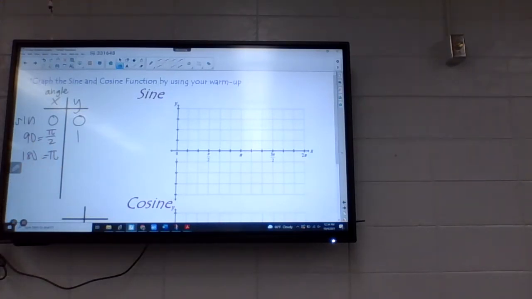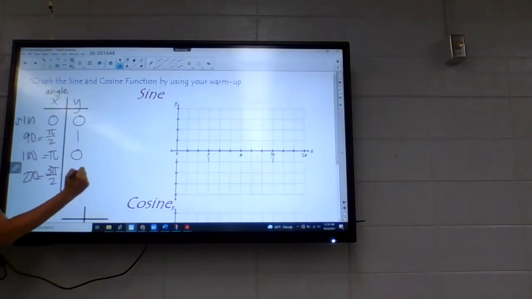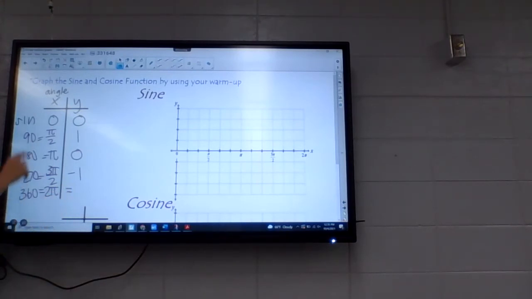And the sine of 180 is 0. 3 pi over 2 is the same as 270. That's going to be negative 1. And then when we've completed our whole cycle here, so 360 or 2 pi, those are the same thing. That's going to be back at 0, sorry.